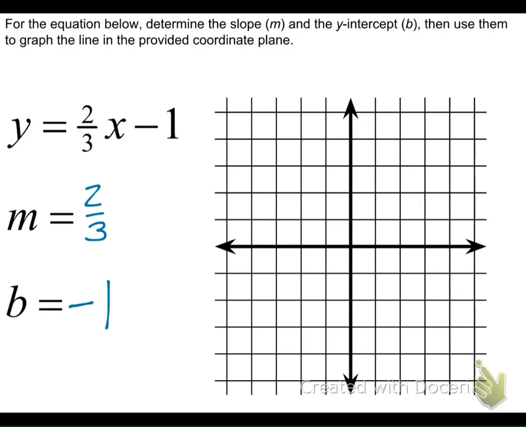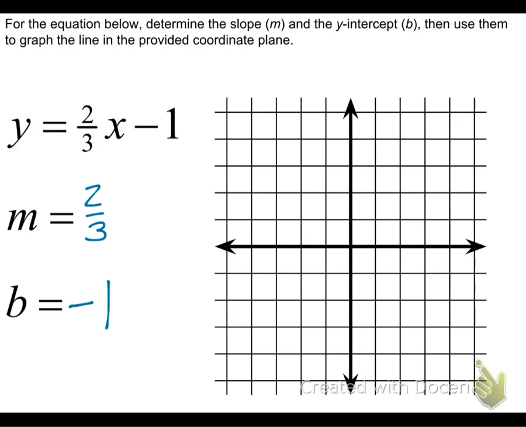Why is it -1? Because it's the number by itself. Remember that in the top of your note sheet when we were learning slope-intercept form? That's what you did for the whole 4.8 worksheet. You had to identify. I know it looks a little different, like the formatting is different, but you're doing the same thing.